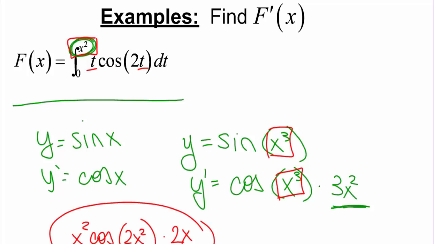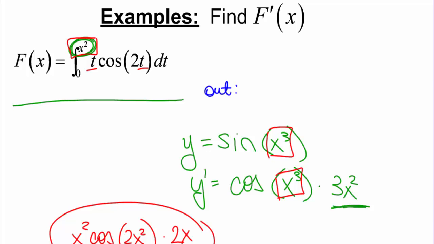When we did this comparison with sine of x cubed, we had an inside function and an outside function, right? So when we had sine of x cubed, what was our outside function? Sine of something, and then what was the inside function? X cubed. And the chain rule says take the derivative of the outside function, plug in the inside function, and then follow with the derivative of the inside function.